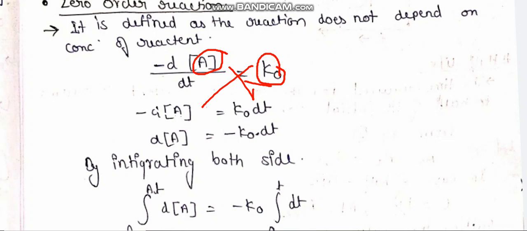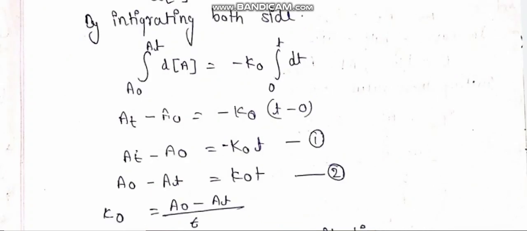By integrating both sides, we integrate the concentration of A from A naught to AT, and we integrate the time from 0 to T. Then we will achieve AT minus A naught is equal to minus K naught T minus 0, so AT minus A naught is equal to minus K naught T.